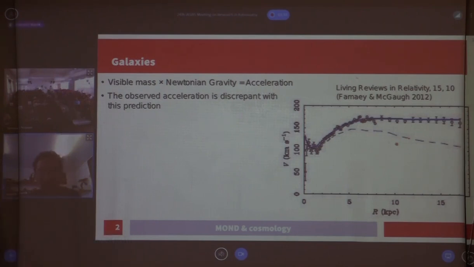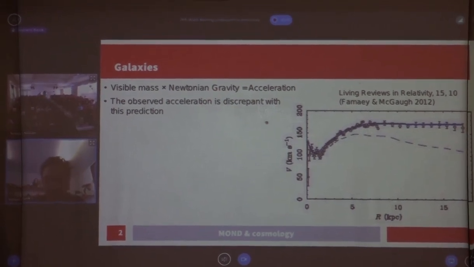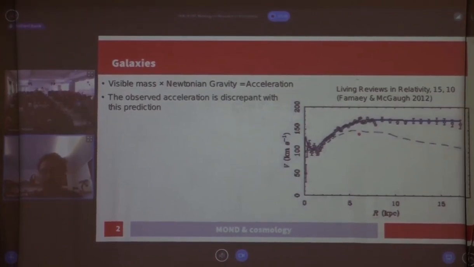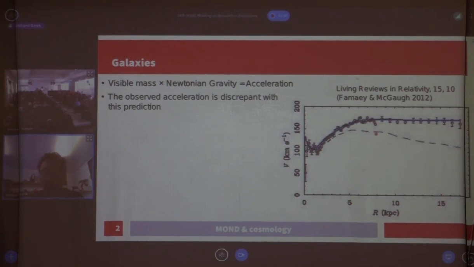That's based on applying Newtonian gravity to the distribution of visible mass. So basically, just like planets that are further away from the sun in the solar system orbit slower, similarly, we would expect the stars and gas further away from a galaxy to be orbiting it slower, following approximately 1 over square root of r decline.